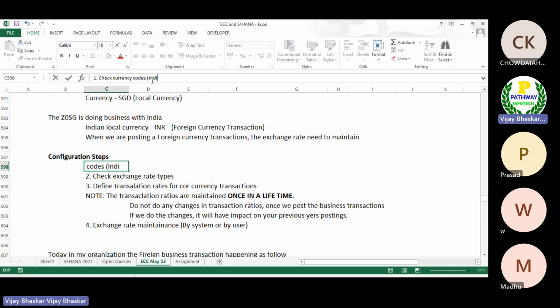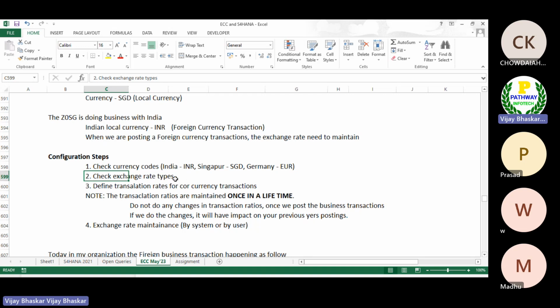For India, let us assume it is INR. Then for Singapore, SGD. At the same time, Germany will have EUR. These are examples of what I am giving here. So each country has to maintain their currency codes.